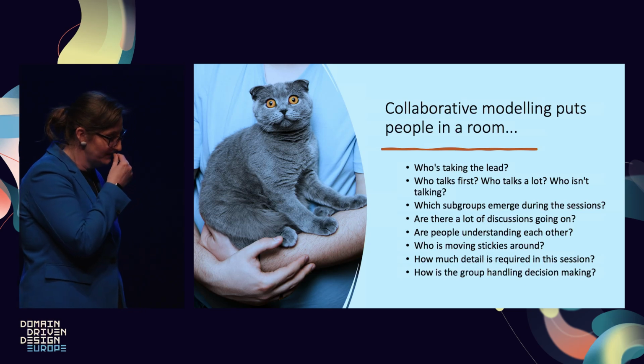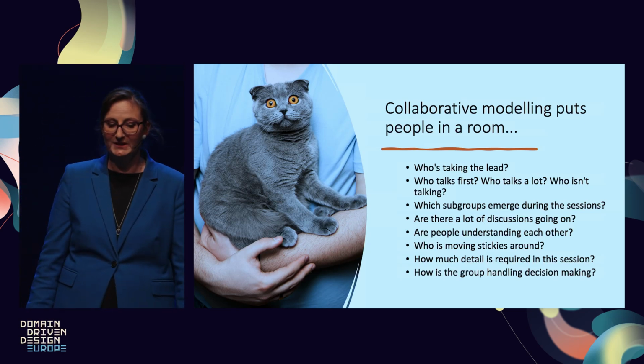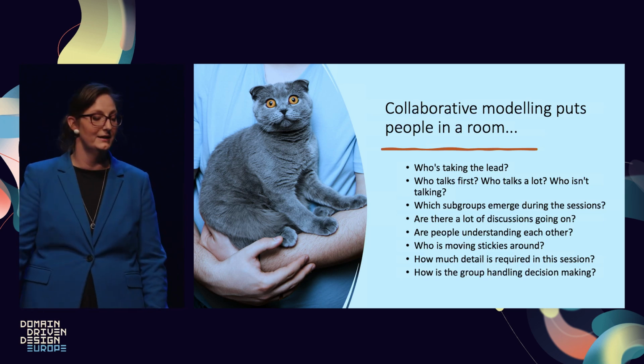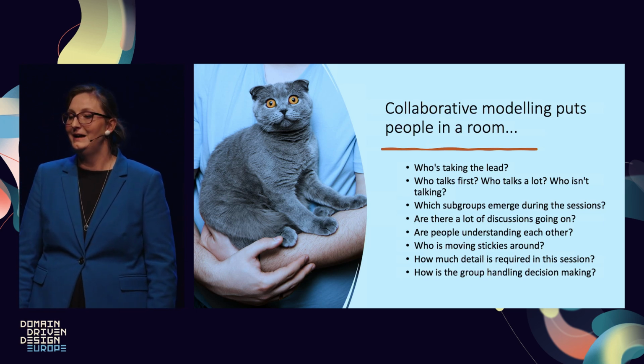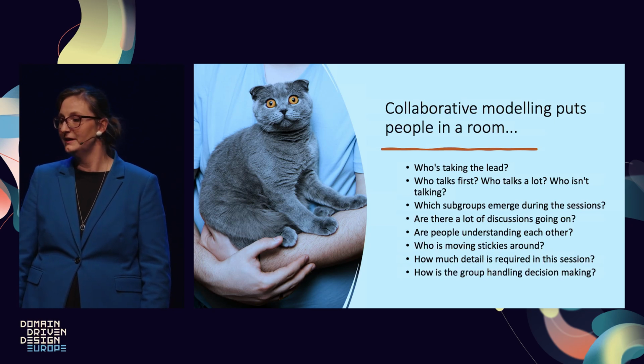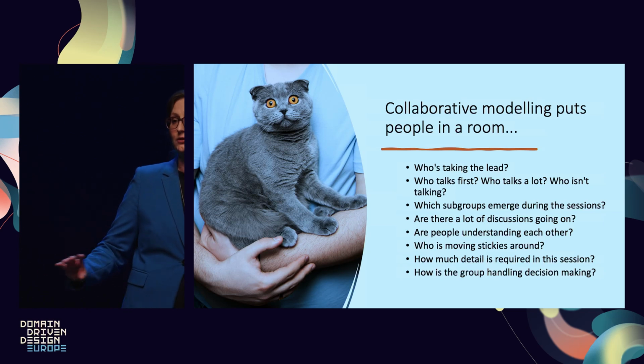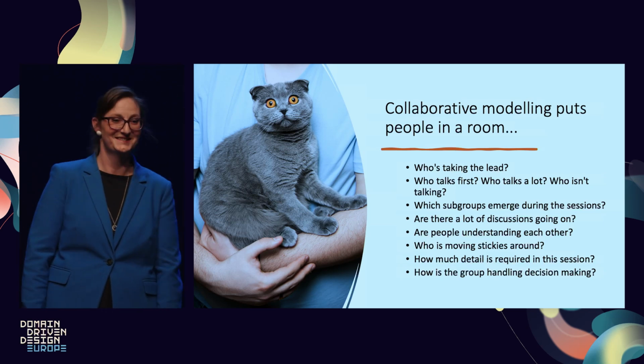So, we put all these people in the same room, with all the social dynamics and all of that, and it starts to happen. And we don't do anything about it because we are humans. We're supposed to be good at humaning. And we're not.